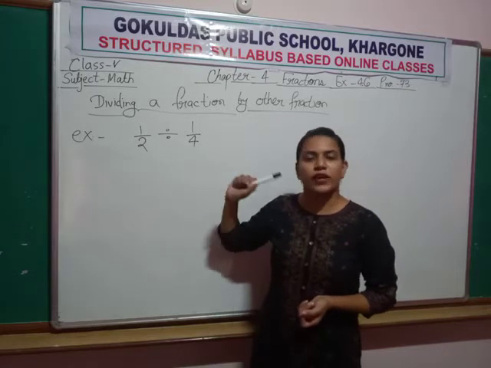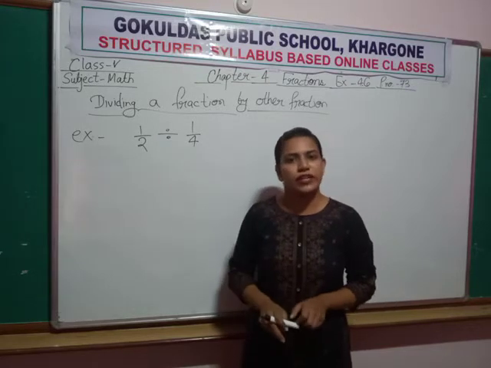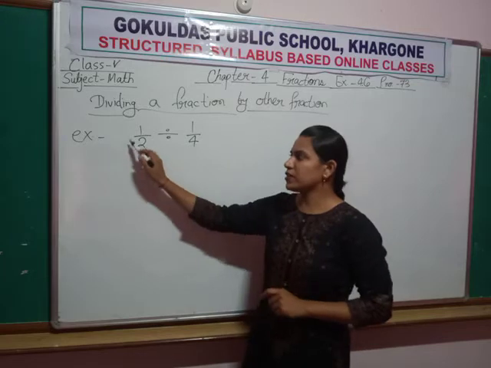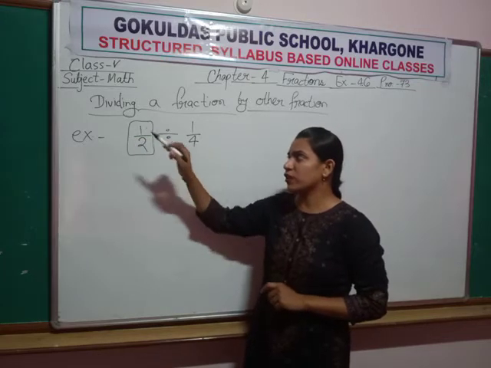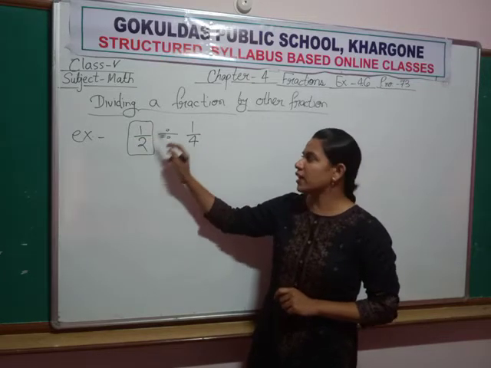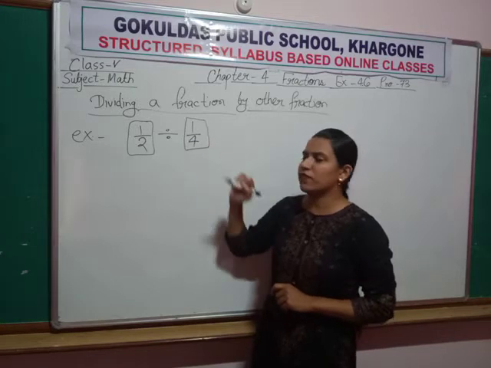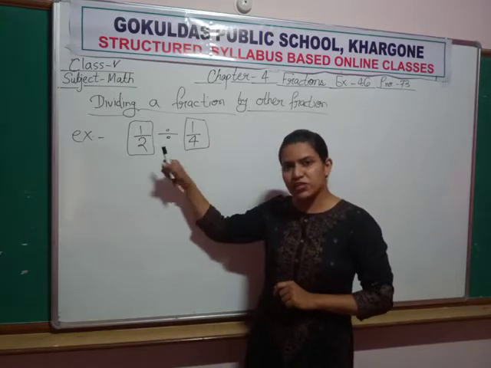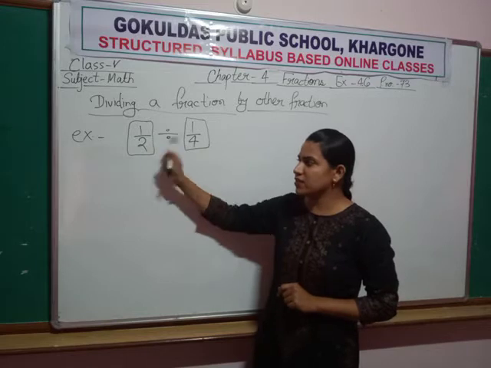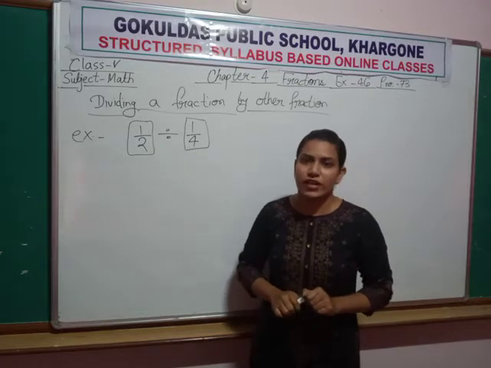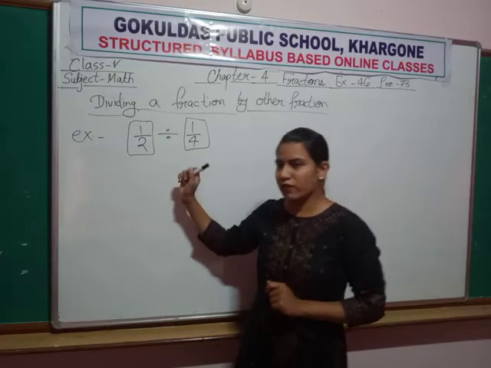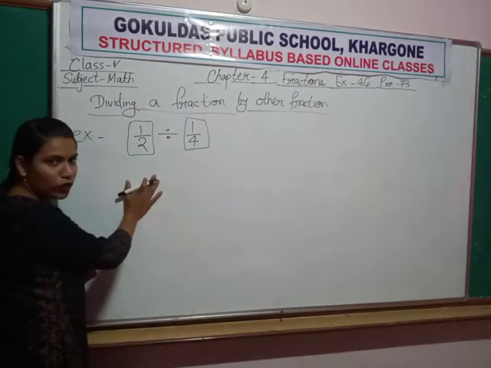From the symbol you can understand that you need to divide. The first number is the dividend. Your dividend is a fraction and your divisor is also a fraction, and you want to divide. So how will you do it?